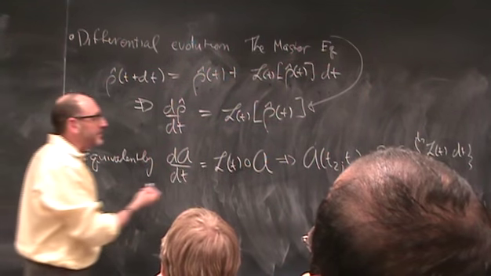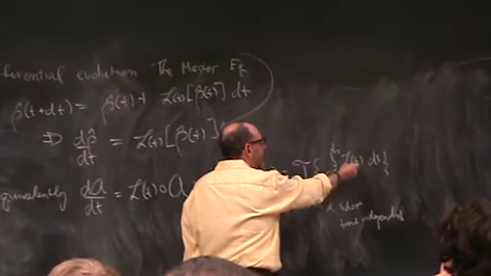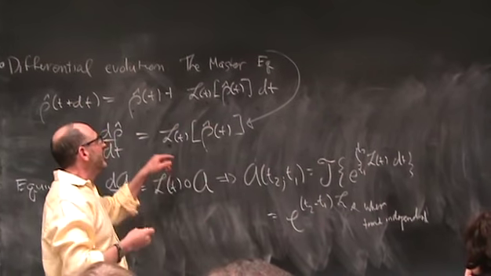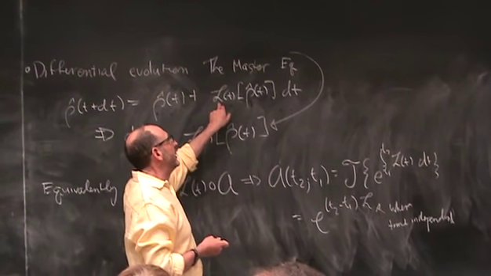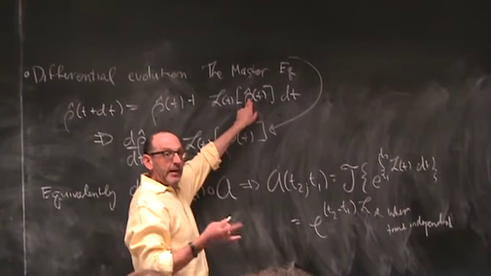So the map itself is generated by the Lindbladian. If I wrote this as a superoperator, say this was a d-dimensional Hilbert space, then the density matrix itself is a d by d matrix.